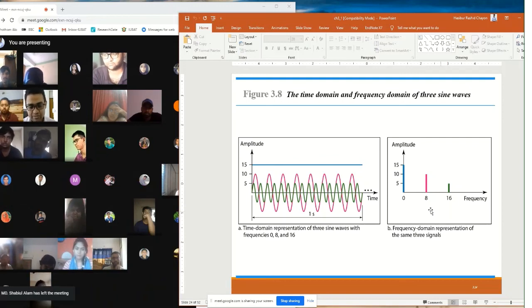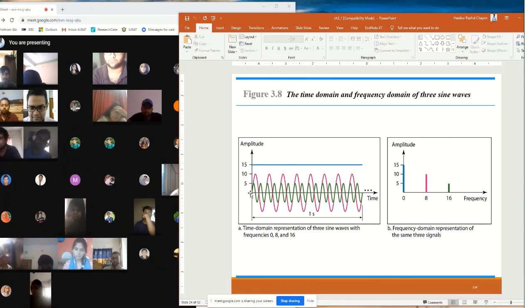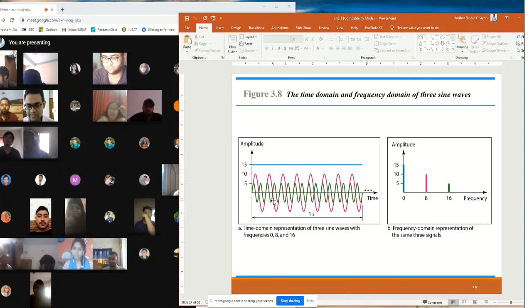Sometimes we need to analyze the characteristics of the signal, and in that case the time domain is better. It is entirely up to the developer, user, or engineer which one they prefer for the analysis, either time domain or frequency domain, and both of them are the same.